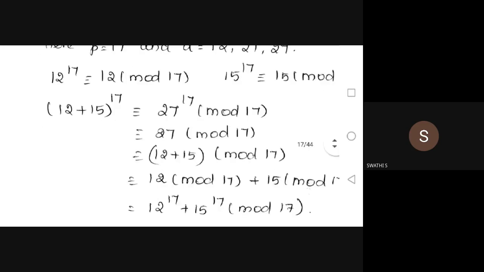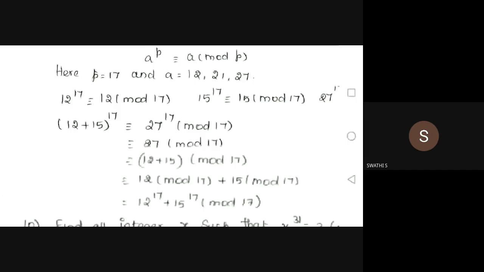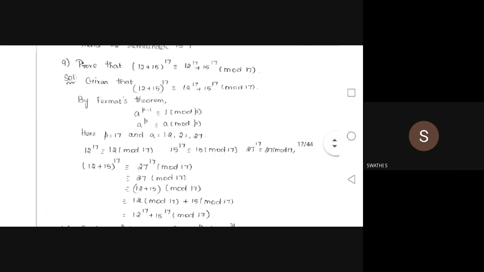Then 15 mod 17 can be written as 15 to the power 17 mod 17. So (12 plus 15) whole power 17 was expressed as 12 power 17 plus 15 power 17 under mod 17, which is proved by using Fermat's little theorem.